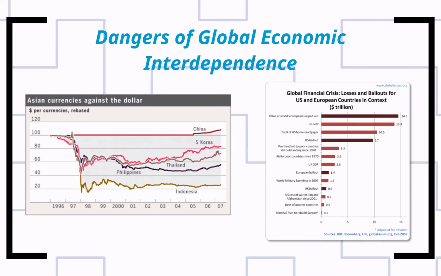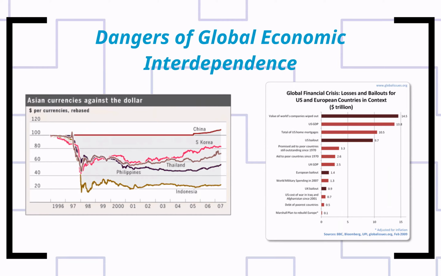We can talk about the aggregate losses from the financial bailout, and basically, in terms of the actual value of companies that were wiped out in the last financial crisis, I'm talking about $14.5 trillion in value just lost. It's really stunning, right?